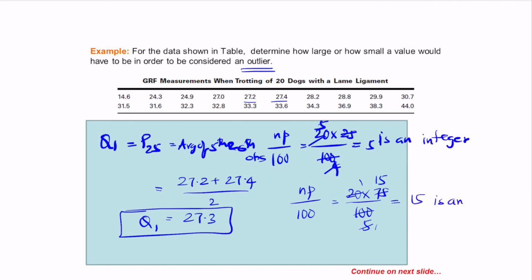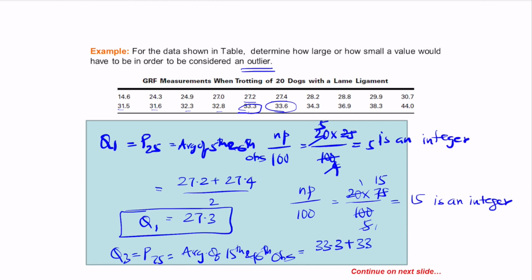So it is also an integer, which means that Q3, which is P75, is the average of the 15th and 16th observations. Notice that this is 11, 12, 13, 14, 15. So the 15th and 16th observations are 33.3 plus 33.6 divided by 2. So that becomes 33.45, sorry, 33.5. So that becomes a value of 33.5.